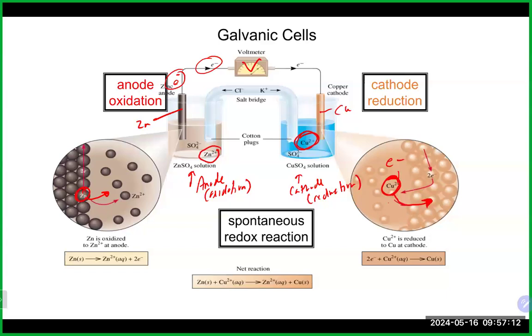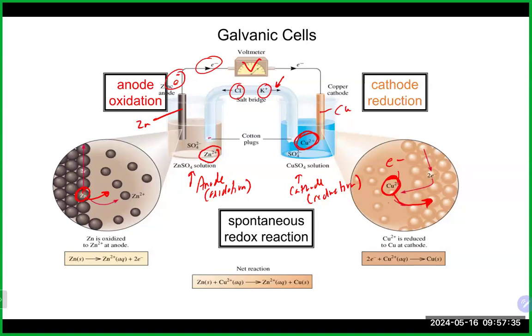Now, another really important aspect of this is the salt bridge. And the salt bridge here is basically what completes the circuit. It connects both the anode to the cathode. It is usually filled with some type of salt solution, like we see here in this example, potassium chloride.